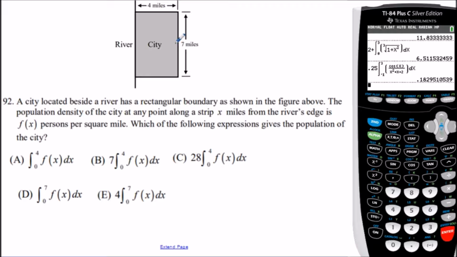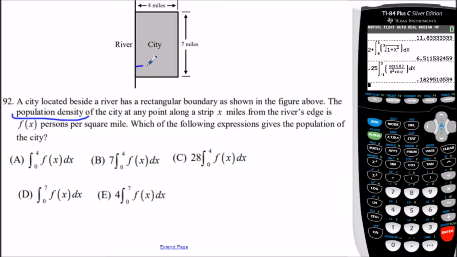All right, for question 92, we just have to be really careful how we think about this one. These questions could be a little annoying, but we have a city, and they have a rectangular boundary around the city. We have a river on this side here, like to the west, and they're giving us the dimensions of the city. It's 4 miles wide and 7 miles long. And what they're telling us is that the population density at any point along a strip X miles from the river's edge.